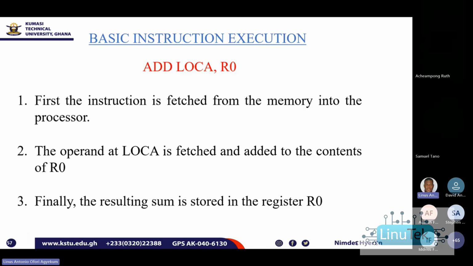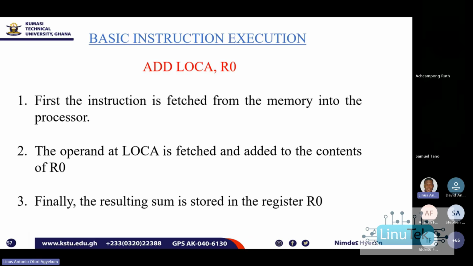So basically, this instruction here, ADD LOCA, R0: the ADD there is basically the opcode or the operation, which is addition. And then LOCA is just telling us the location of the operand, that is, if they are numbers, what needs to be added together.